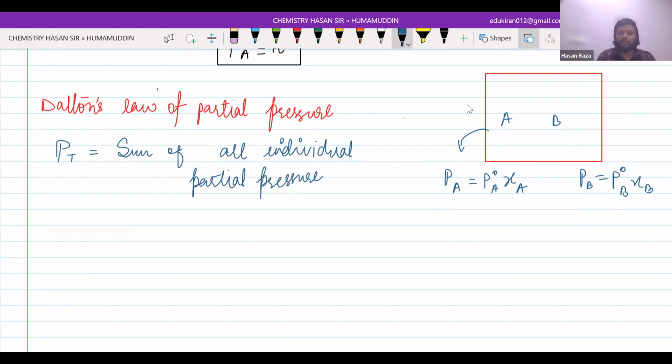That means if you want to calculate the total pressure of the container, it will be equal to the sum of all individual partial pressures, and you have two, that is your PA and PB.